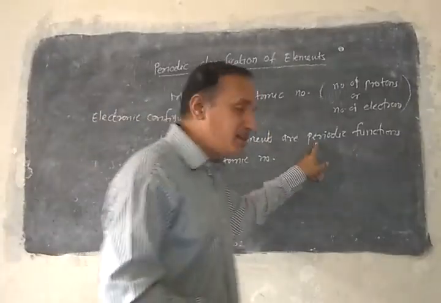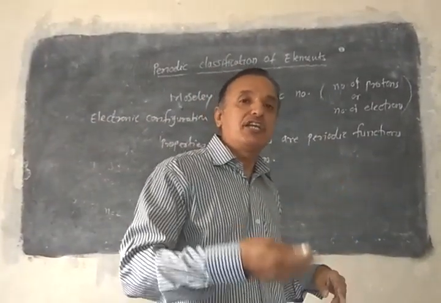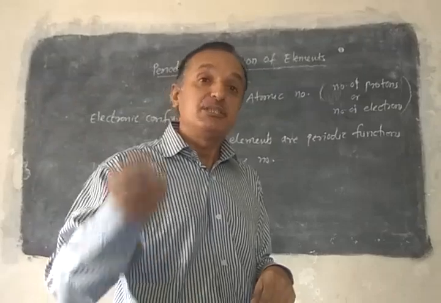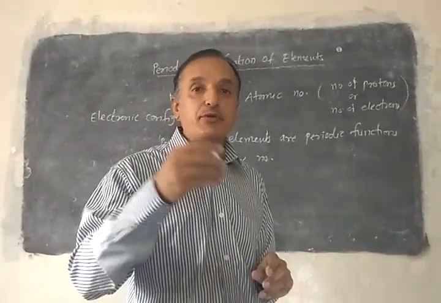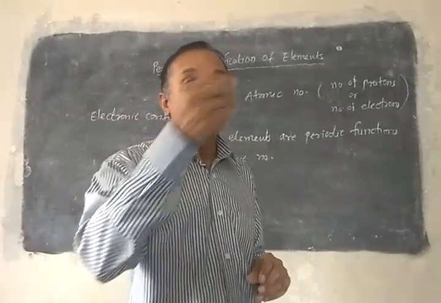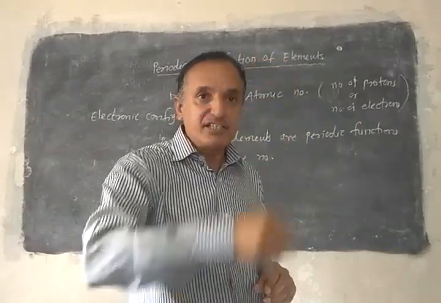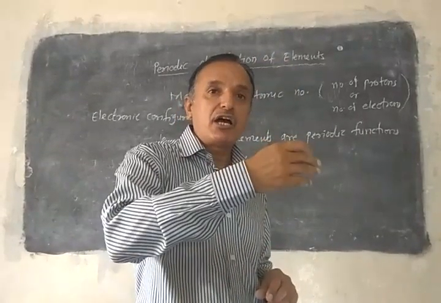It is periodic, meaning that after a certain interval we again get an element having similar properties, and you have to keep that element below the earlier element, so we can make a table with one element below the other.